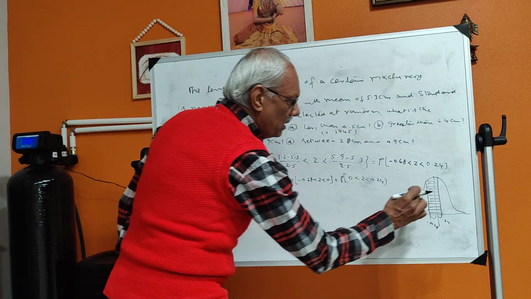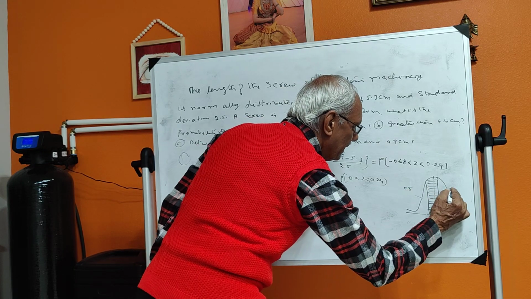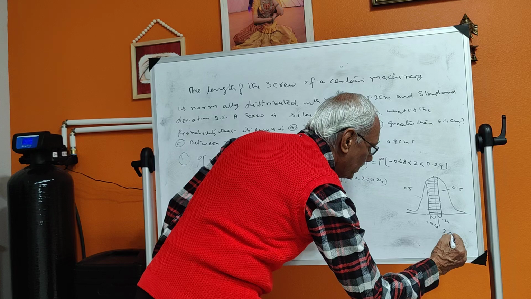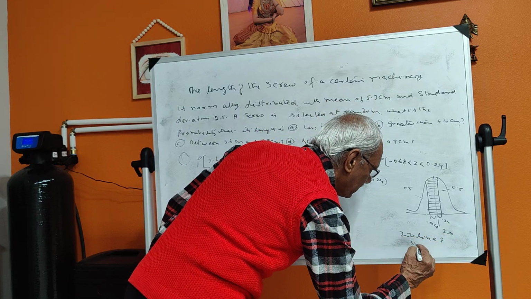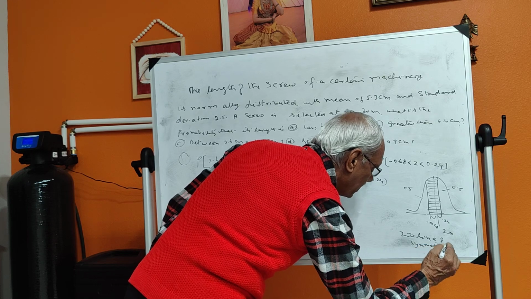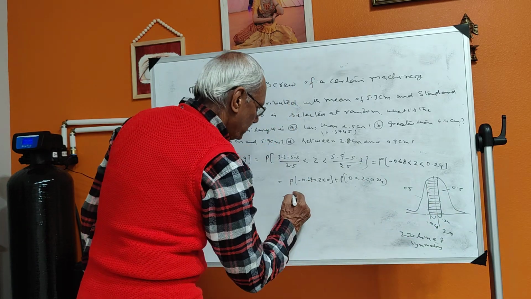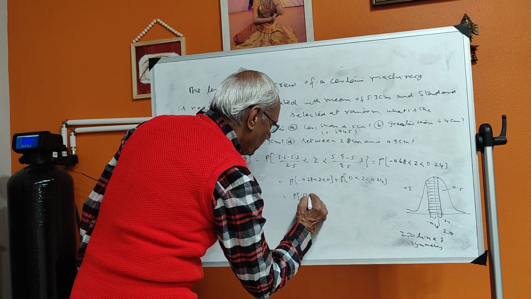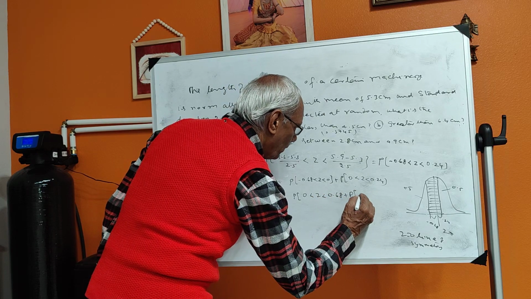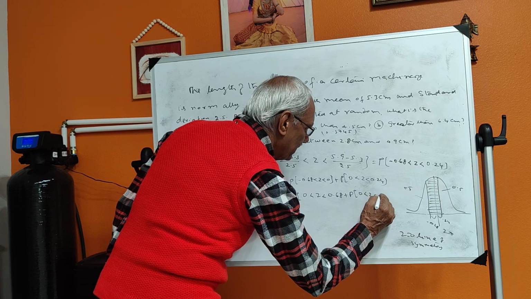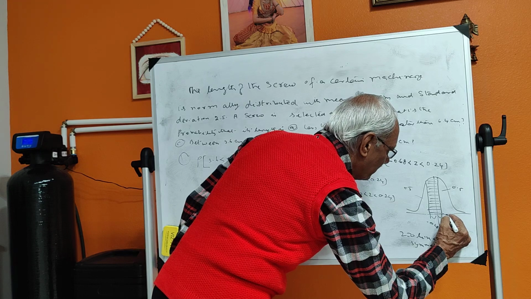But as I told you, z equal to 0 is the line of symmetry. So whatever you want to study on the left hand side can be studied on the right hand side. So this is nothing but P of 0 less than z less than 0.68 plus P of 0 less than z less than 0.24.